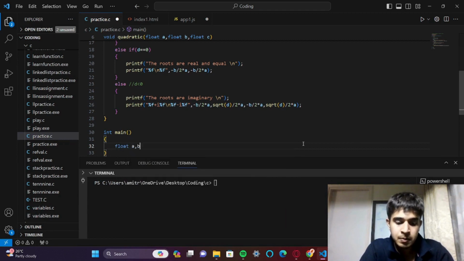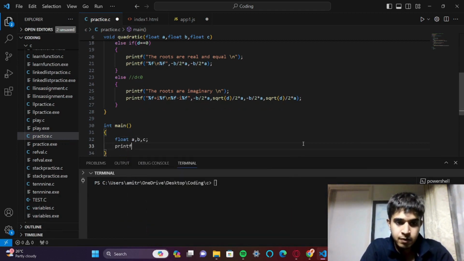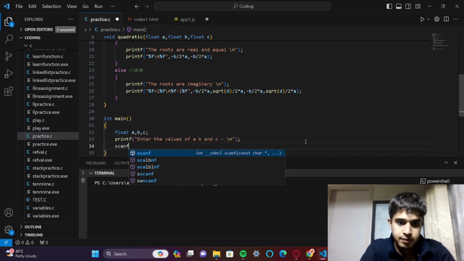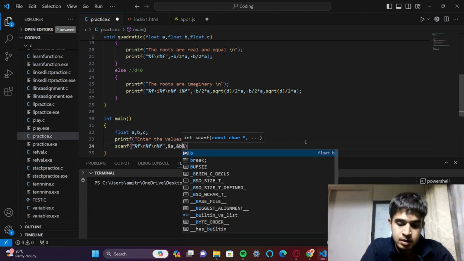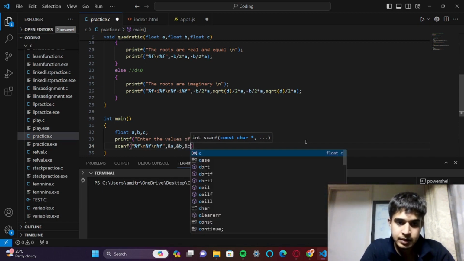Float a, b, c, printf enter the values of a, b and c \n, scanf %f \n %f \n %f, comma ampersand a, comma b, comma c.